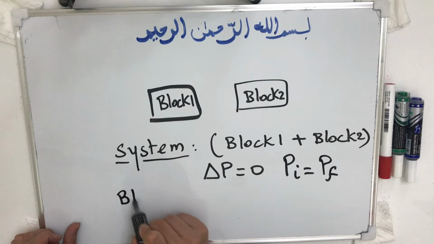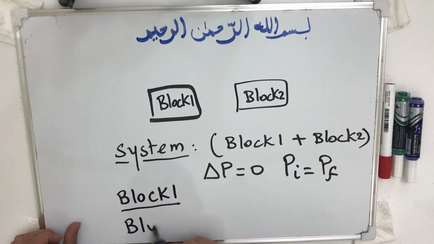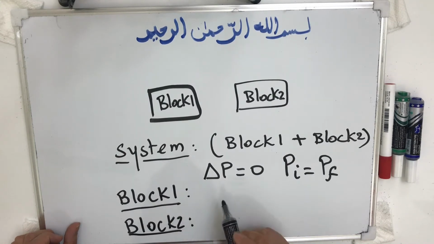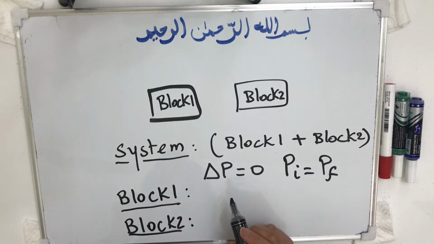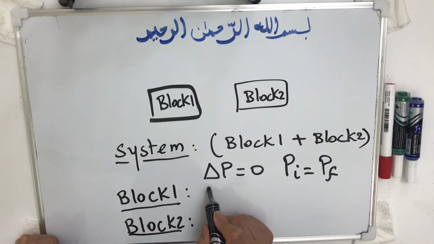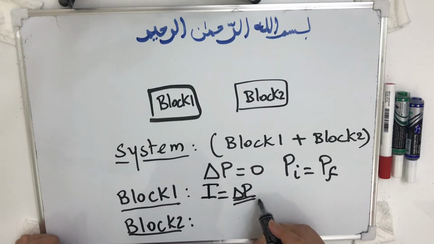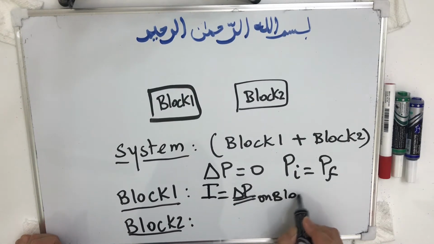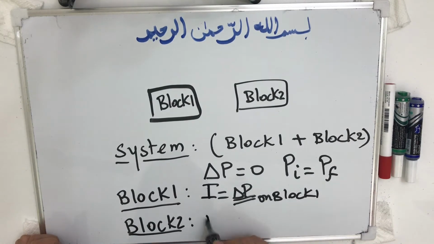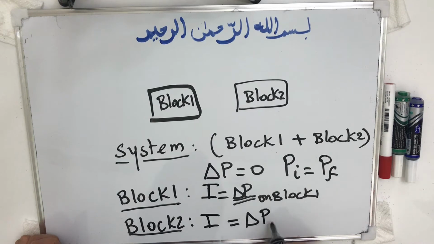However, if we talk only about block 1 or only about block 2, block 1 is going to feel a force that we're going to calculate, and the impulse of that force is going to be delta P, but this delta P is just on block 1. And also block 2 will have an impulse, that's the delta P on block 2.